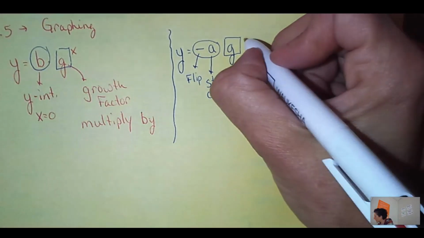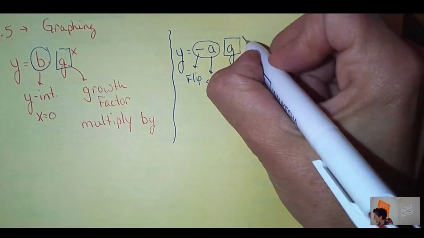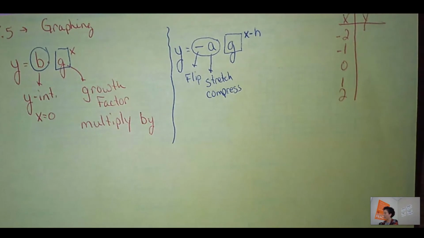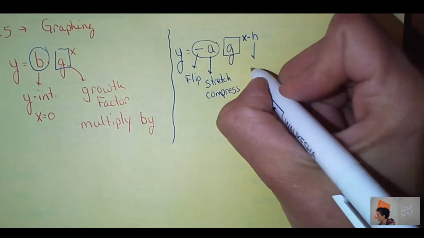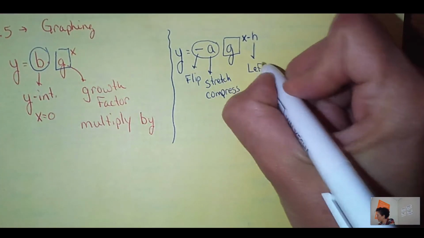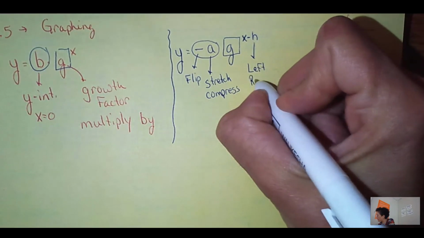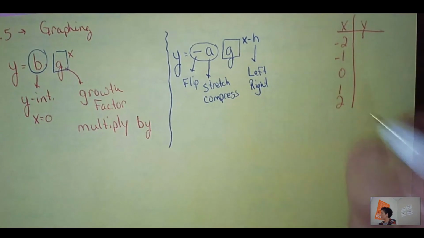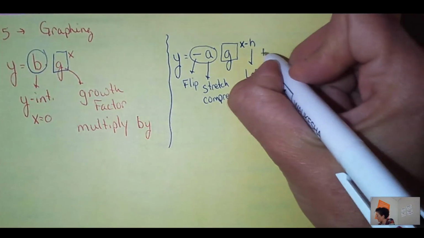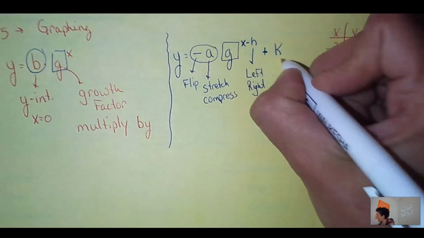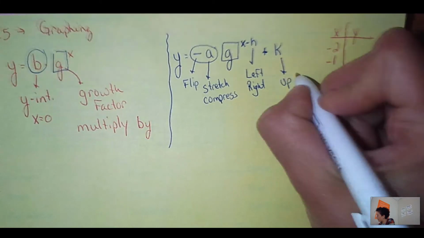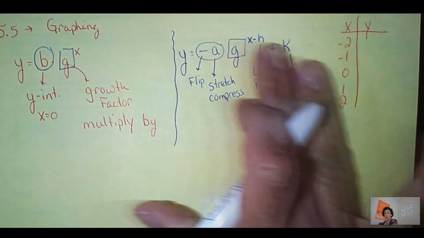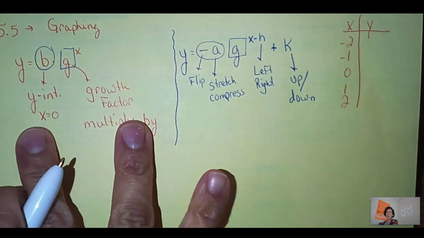So here our exponent is going to be contained in the, H is going to be contained in the exponent. And just remember that H is what we do when we go left or right. Okay? And then we still have K added on at the end. And that would tell us to go up or down. So while this is great, this is primarily what we're going to be using.